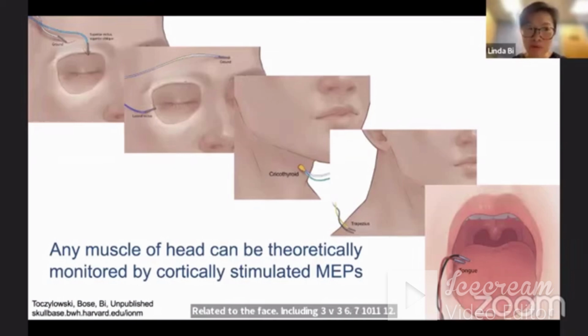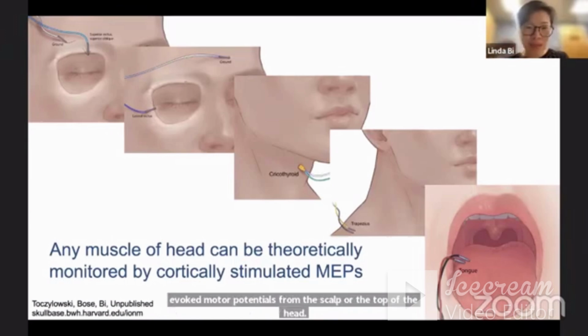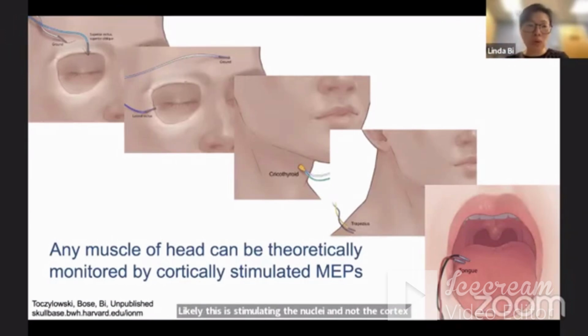Now, one will quickly point out that there is no cortical representation for the extraocular muscles in terms of 3 and 6. And so when running these responses for cortically evoked motor evoked potentials from the scalp, or the top of the head, likely this is stimulating the nuclei and not the cortex, and then subsequently being recorded through the peripheral extraocular muscles.